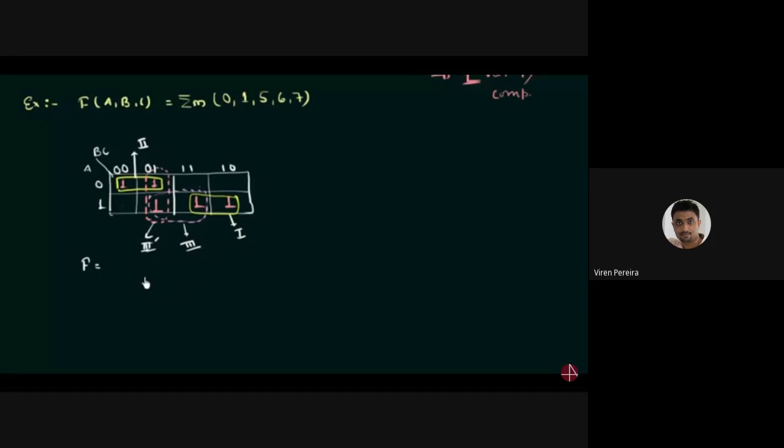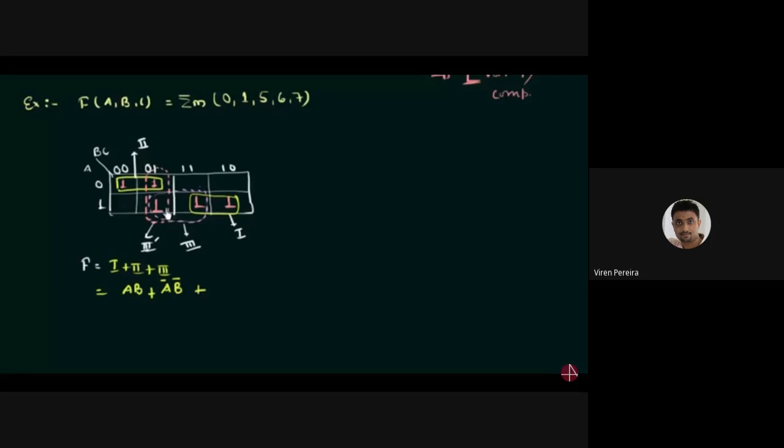For case 1 we have 1 plus 2 plus 3. 1 is A and B. Similarly, 2 is A complement, and C is changing from 0 to 1, and B is not changing, so we have B complement.